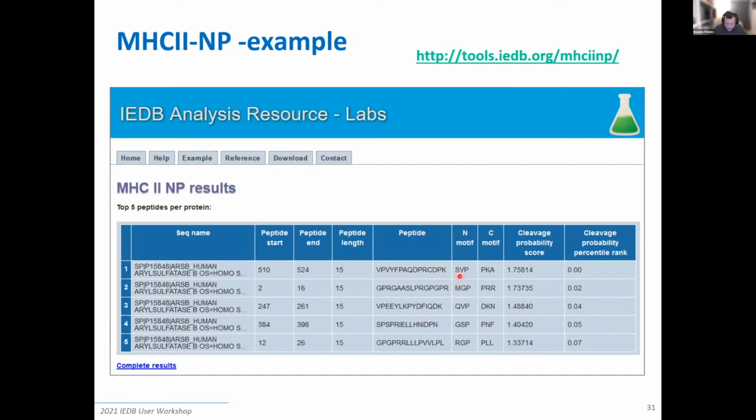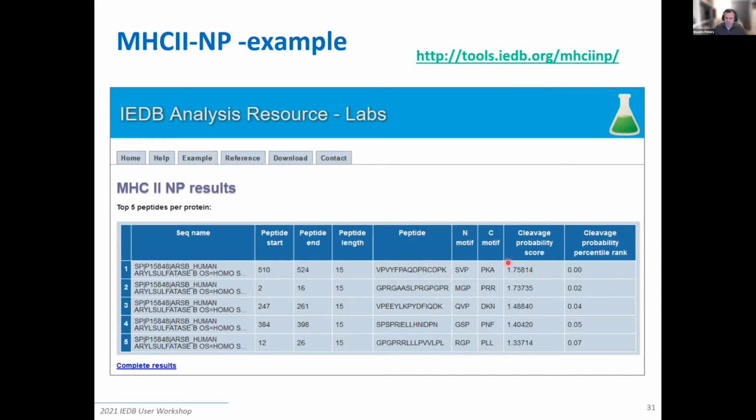And these motifs consist of one residue outside of the peptide, so just before, and then the next two. And the same at the end, you have the two residues inside the peptide and then one outside, because those were the ones where we actually found a motif for the cleavage site to liberate these peptides.